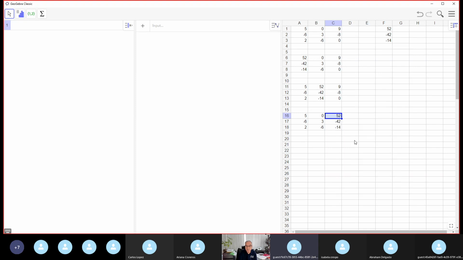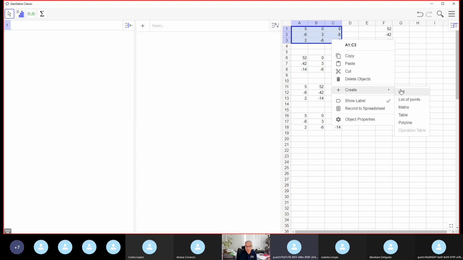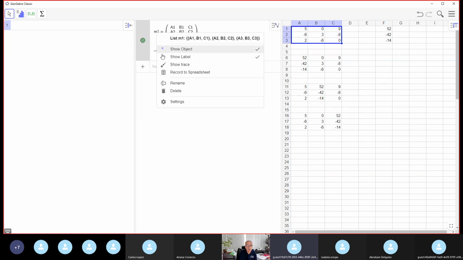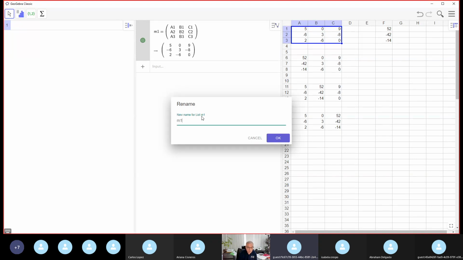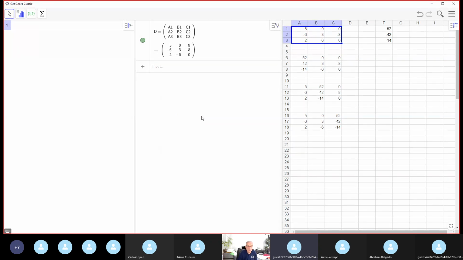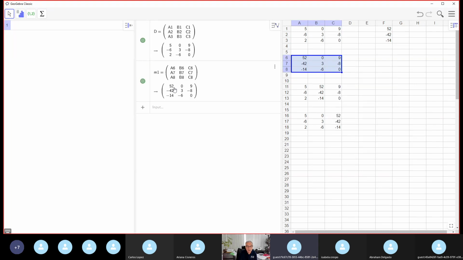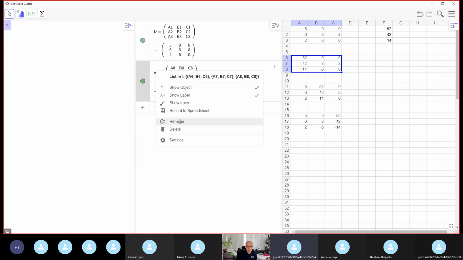The matrix editor. So I declared them one by one. Matrix D. I want to change the name to guide me better. Rename D. Okay. Do you want to compute the determinant, or we continue to create the matrix? Create the matrix. And this is DX, remember.